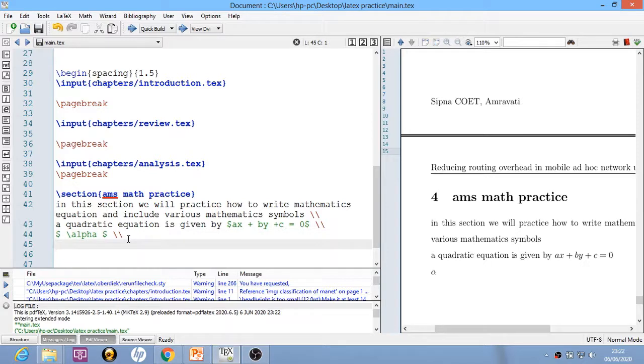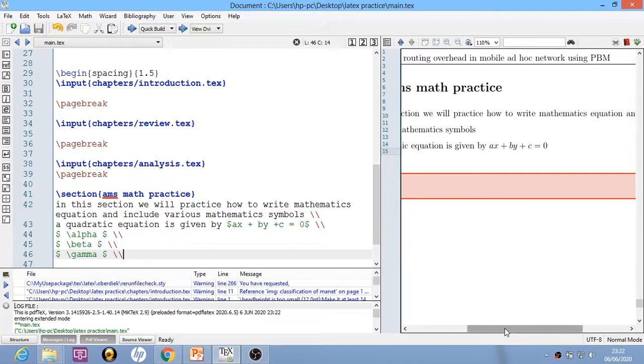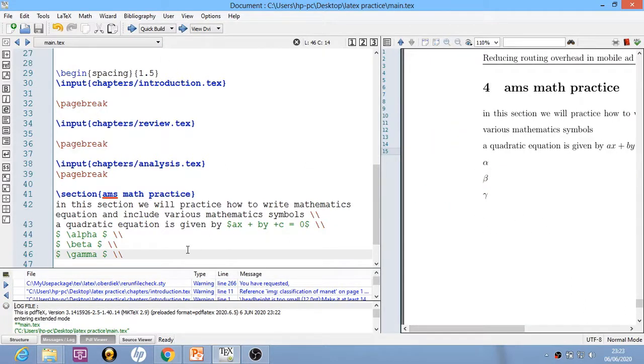Similarly, I can add beta also, and again I can add gamma also. Now let us compile this code and you will see alpha, beta, gamma will appear on your screen. So in this way you can import various mathematical symbols in your LaTeX document.